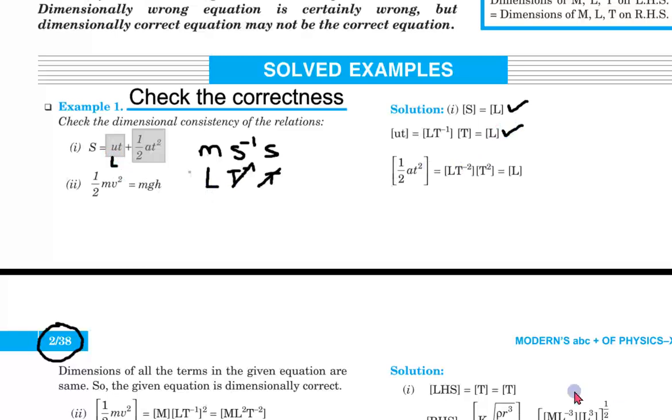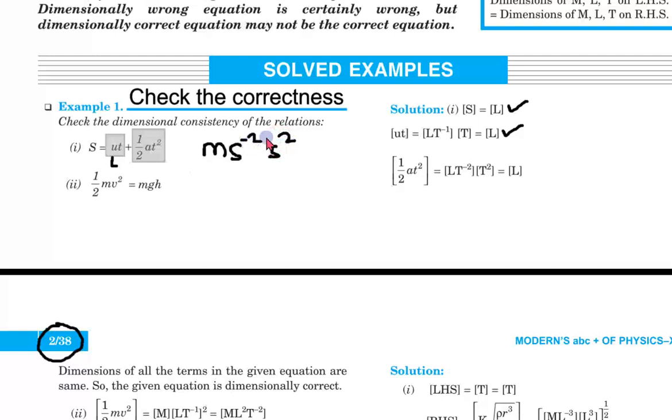Similarly, I'll proceed to this second part, as 1 by 2 is just 1 by 2. 1 by 2 does not have any units. So in terms of unit, I can take only at square. A is acceleration, and it is measured in meter per second square, and time square will be second square.